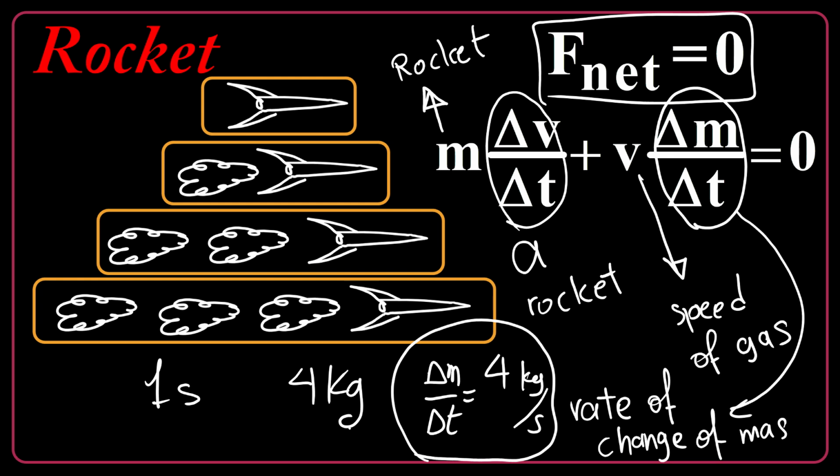This is the rate of change of mass. In each second, the rocket will lose 4 kilograms of mass. The system in total will have the same mass, but the rocket is losing mass. Be very careful. By system, I mean rocket plus the gas. When I say the rocket accelerates, I do not mean the system accelerates.